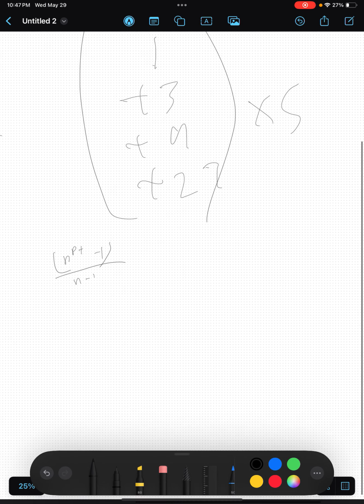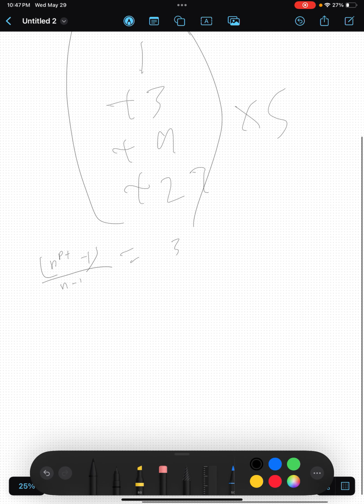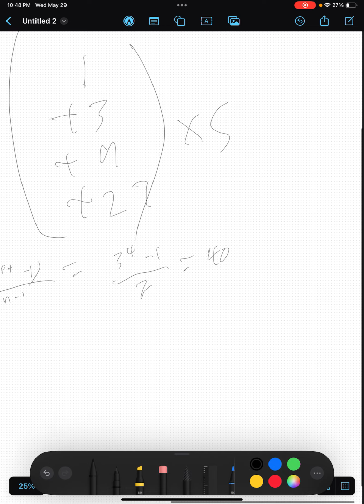And what you're going to find is that this is equal to 3 to the power of 4 minus 1, over 2, which is equal to, hold on, let me get a calculator here. All right, over 2. And that's going to be equal to 40, okay?